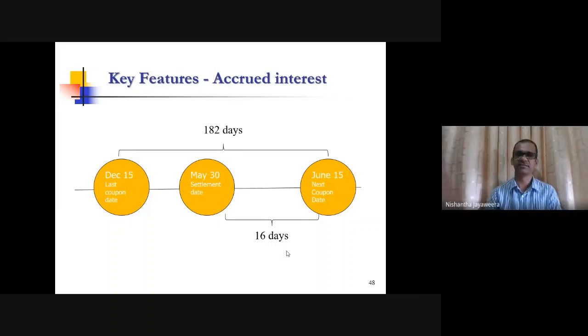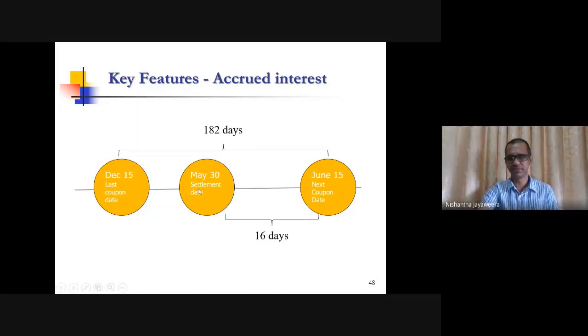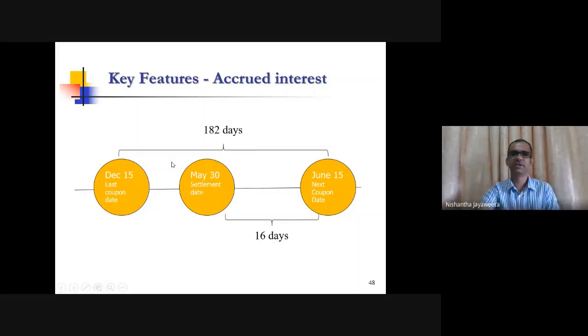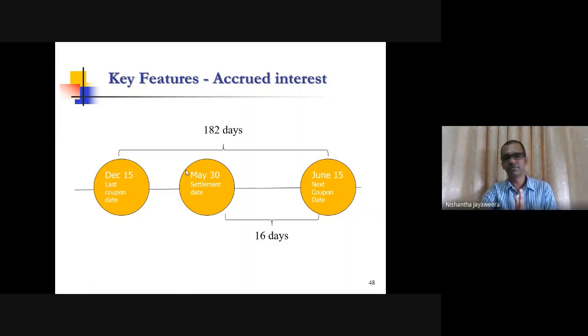Yes, exactly. For the month of May, we have 2 days, May 30th and May 31st, because we receive or pay the cash flow on 30th. So for the cash flow which occurs on 30th, there's no interest for that date. So we have to calculate 30th and 31st May.